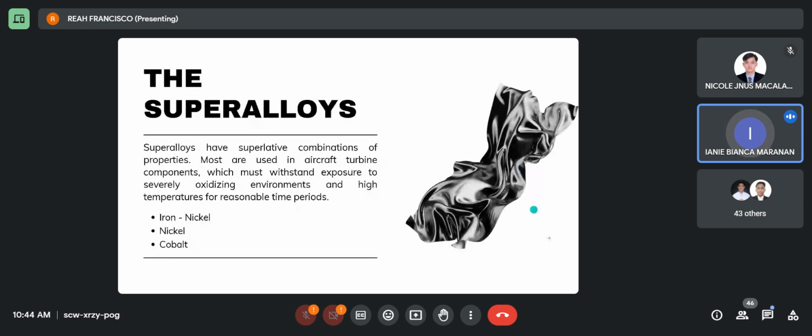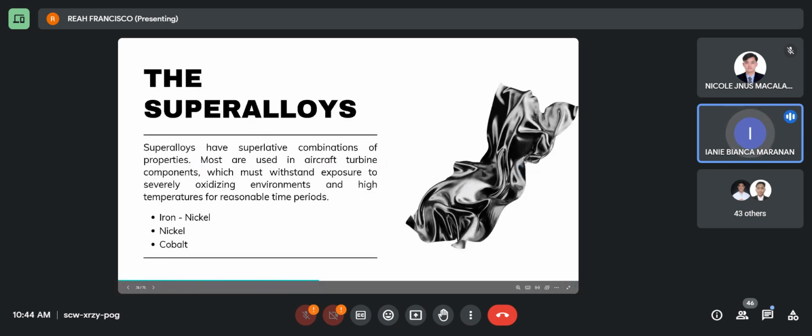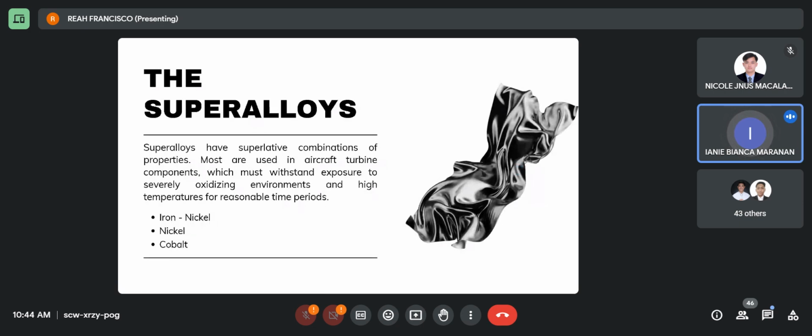And we have here the super alloys. Super alloys have superlative combinations of properties. It is a class of high performance alloys that exhibit superior mechanical, physical, and chemical properties at elevated temperatures. And because of this, they are used in a wide range of applications. Most are used in aircraft turbine components, which must withstand exposure to severely oxidizing environments and high temperatures for reasonable time periods.